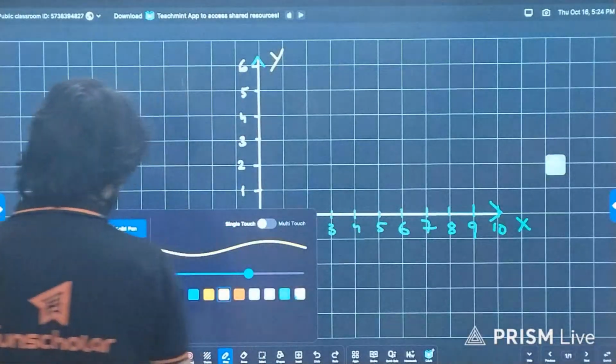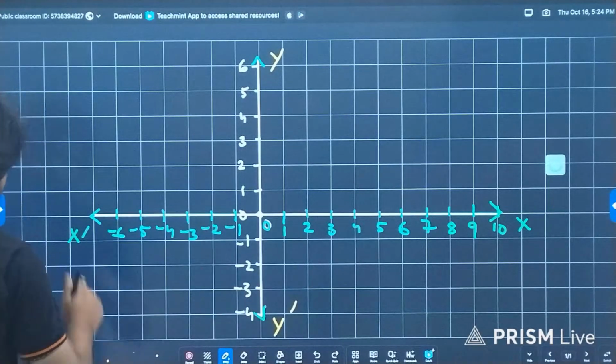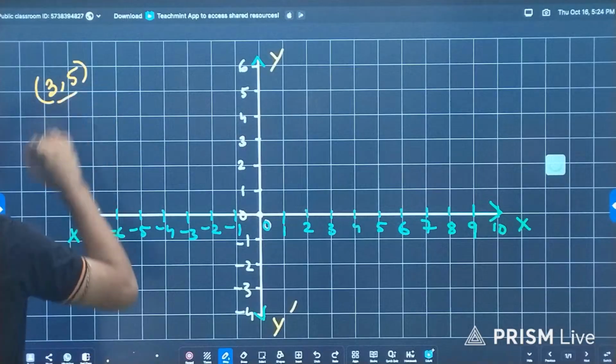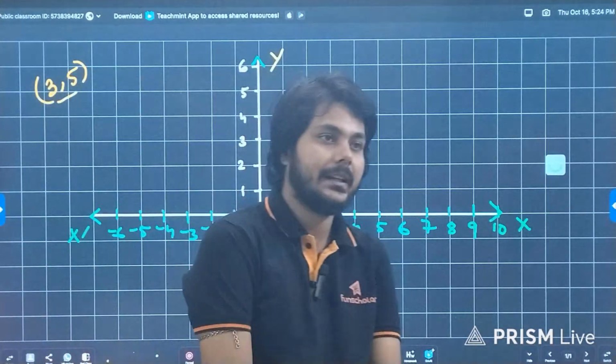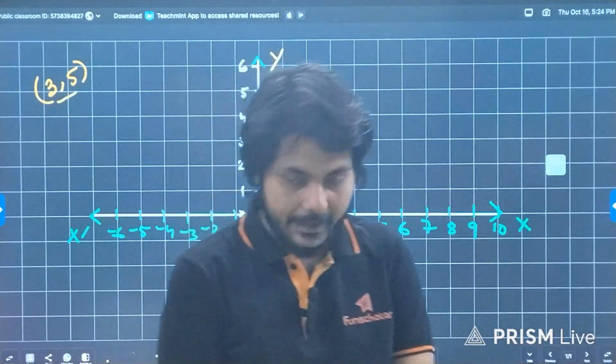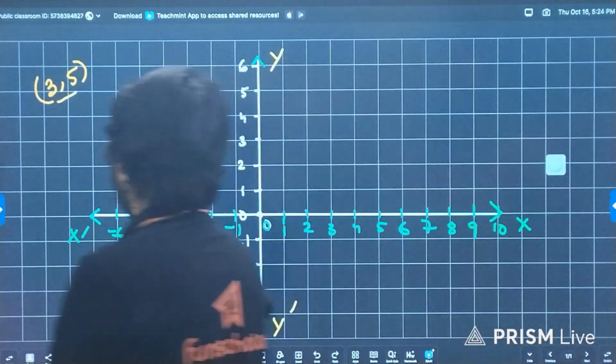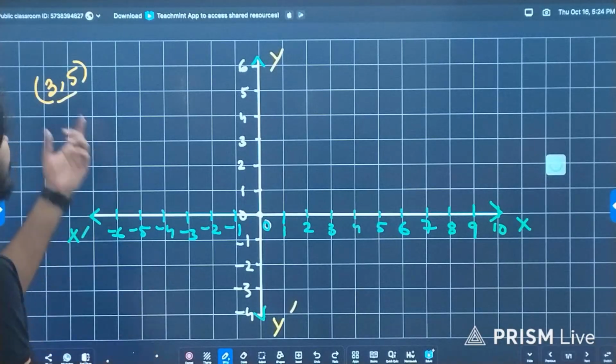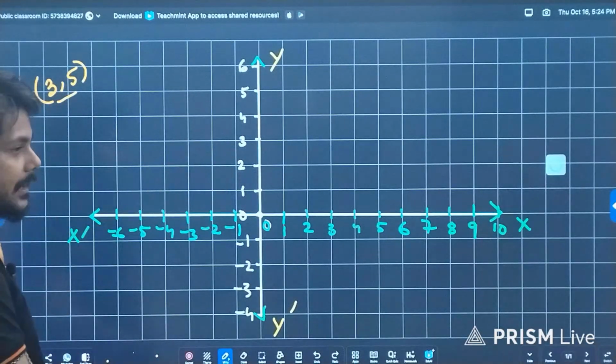suppose we are taking an ordered pair 3, 5. A random example that we are taking, 3, 5, an ordered pair. How can we plot this ordered pair on this Cartesian plane?